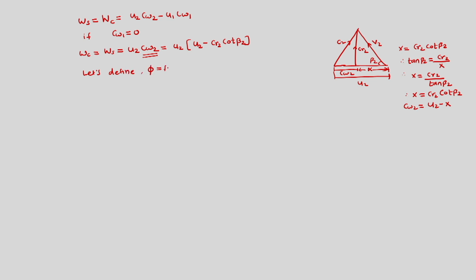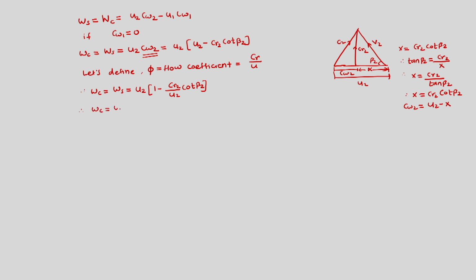Let's define phi as flow coefficient, and this flow coefficient is actually CR divided by U. So we have WC is equal to WS is equal to U2, we can take common, minus CR to U2 into cot beta 2.